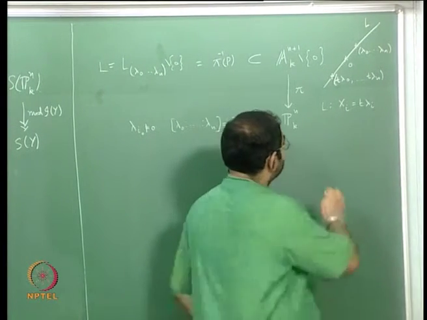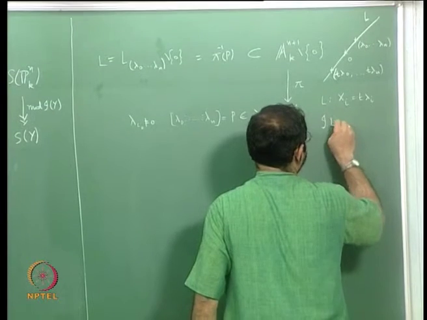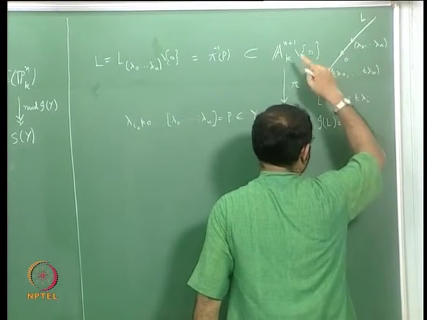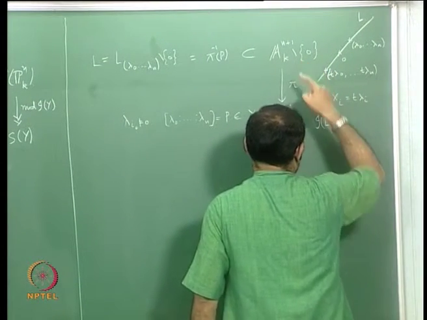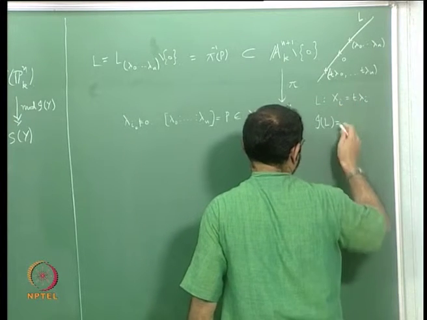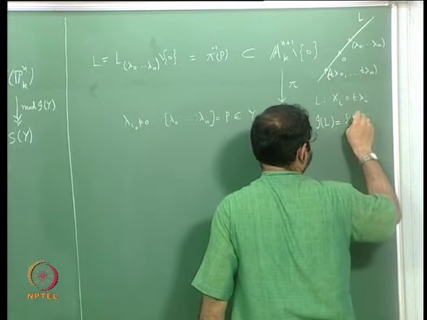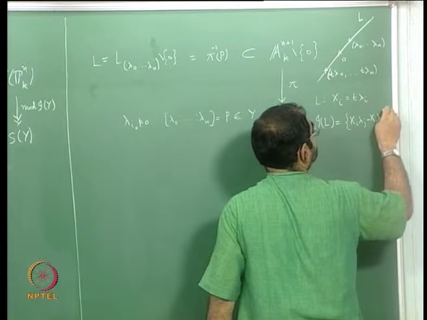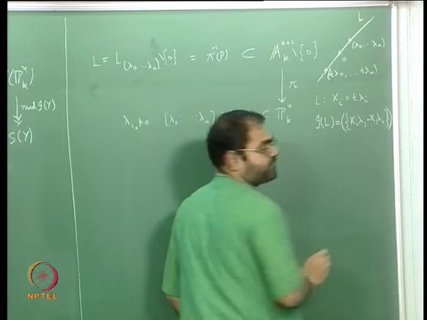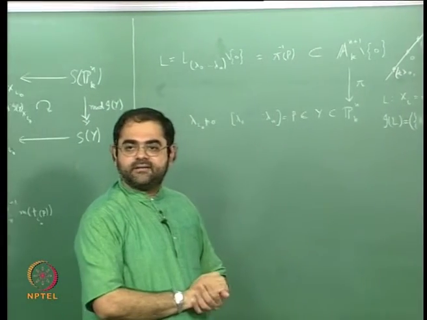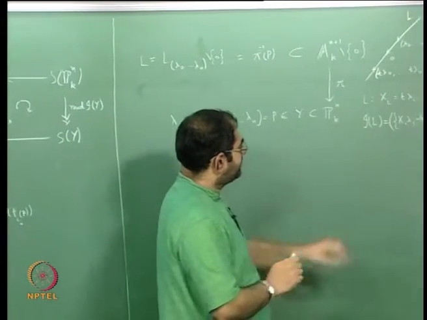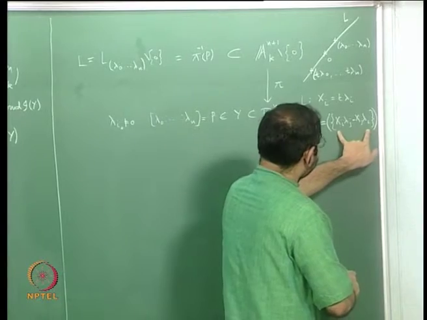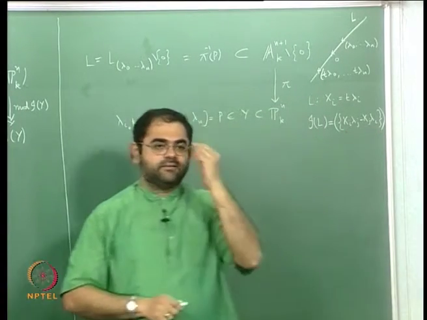So you will get that the ideal of this line in affine space, of polynomials that vanish on this line, is just the ideal generated by x_iλ_j − x_jλ_i. It is just this ideal.